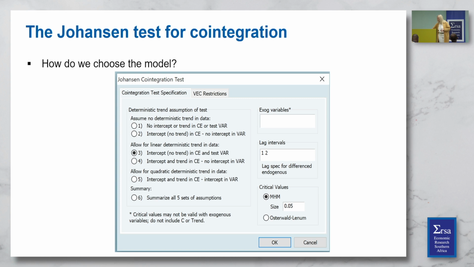Let's think about them, and I'm going to tell you we can already scratch out 1 and 5, because why? Look how limiting this is. There's no intercept or trend in the CE, which stands for the long-run cointegrating relationship, and the test VAR means, like in the ECM, the short-run part of the model.